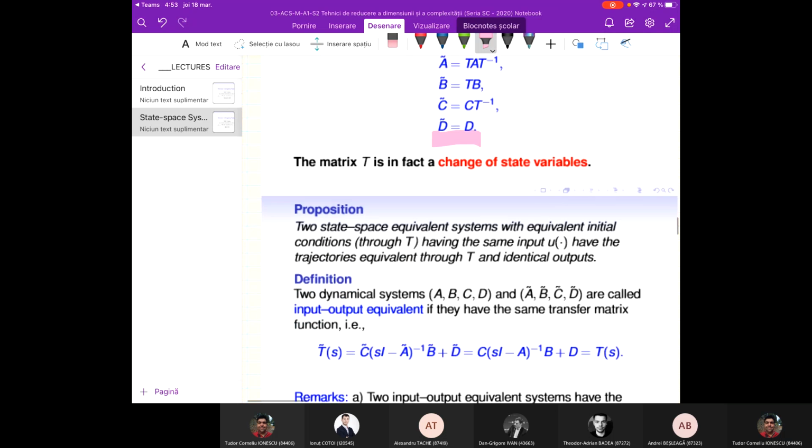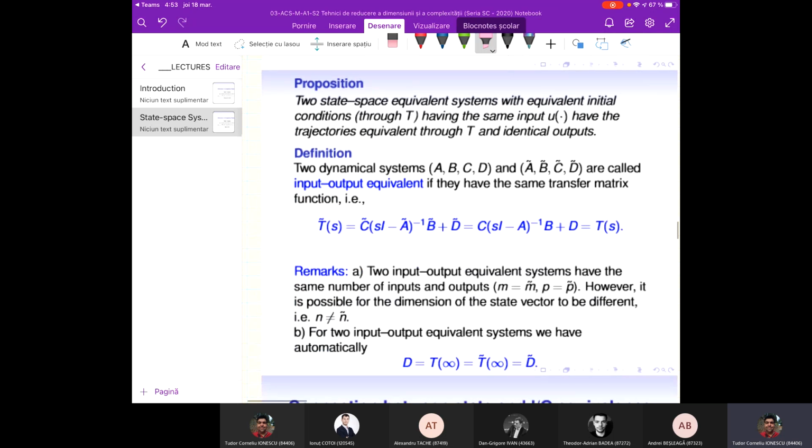And now we have an important result. Two state space equivalent systems with equivalent initial conditions having the same input have the same trajectories, equivalent through T, and identical outputs. So in input-output, nothing is changing when you apply a coordinate transformation. It's all the same.